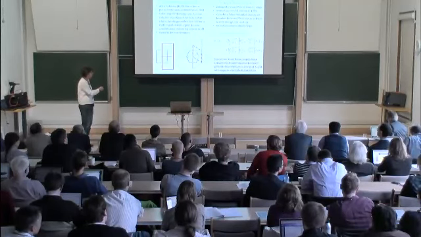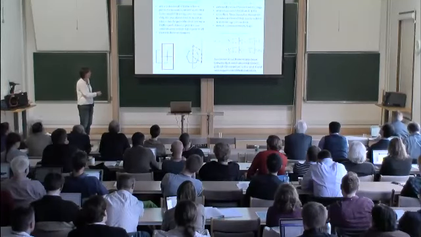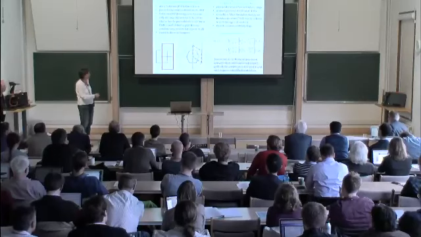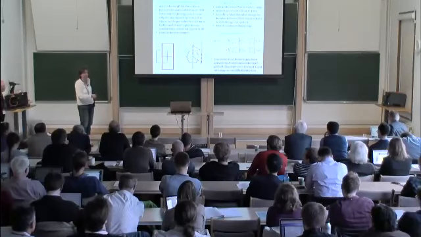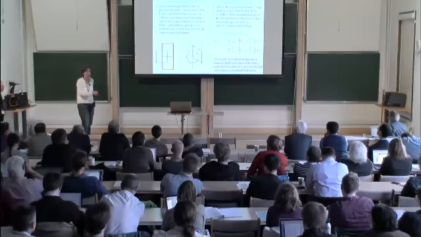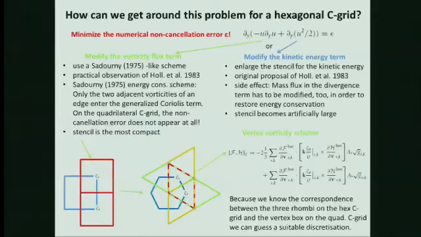The point is that in the TRiSK scheme, you were using the vorticity from all around the edges here, and not only from the immediate neighbors. So the original proposal by TRiSK was to use a vector reconstruction combined with some kind of vorticity to get an energy conserving scheme.